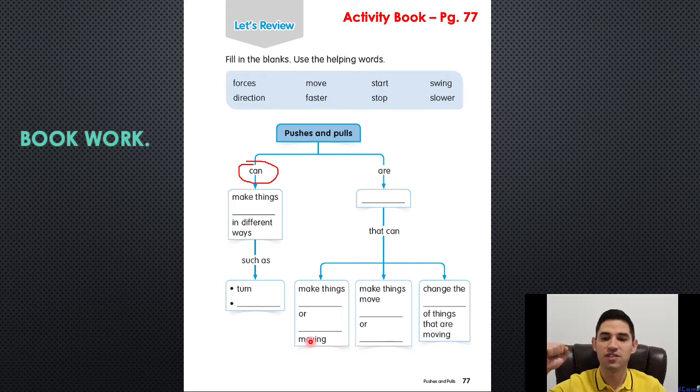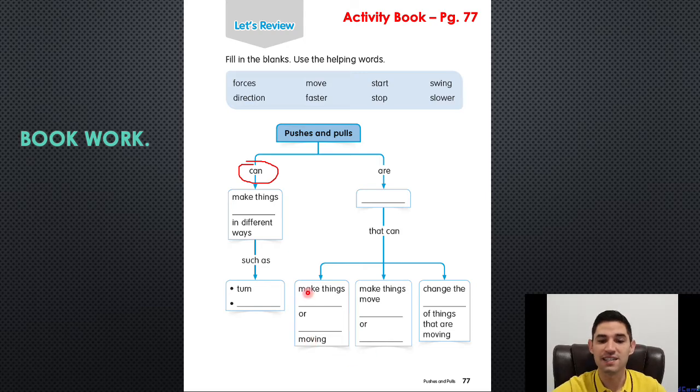So imagine something is here and then it makes this movement. It was not doing anything and now it's moving, and after it also stops, not moving anymore.